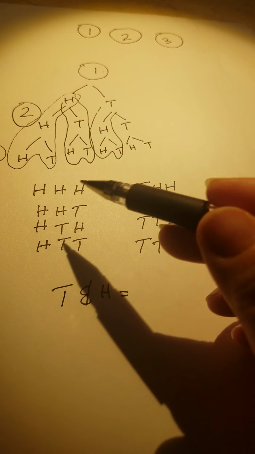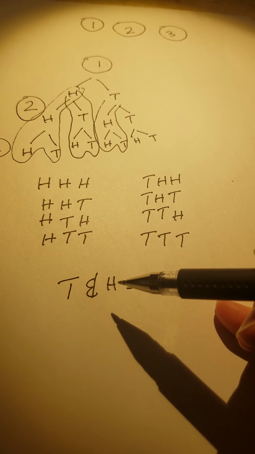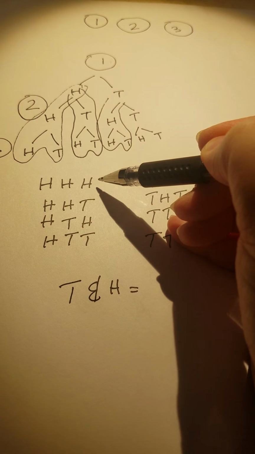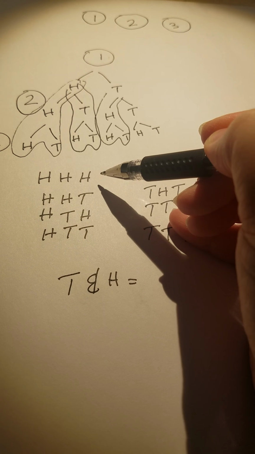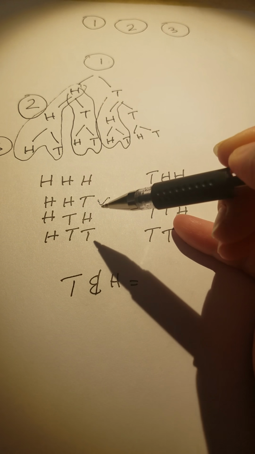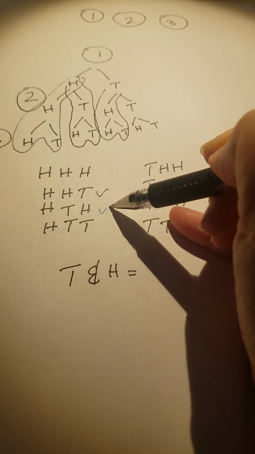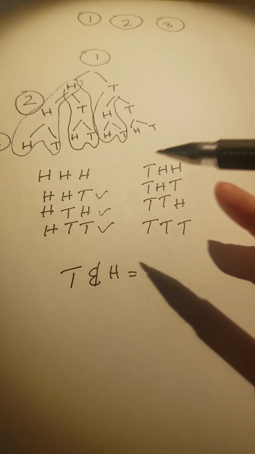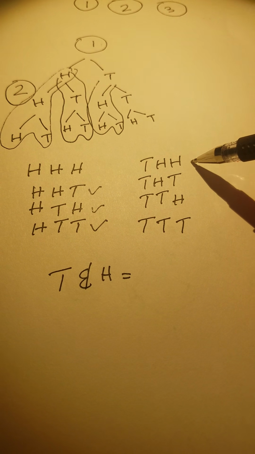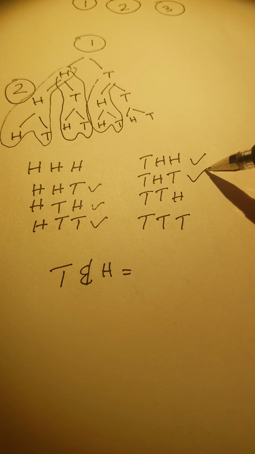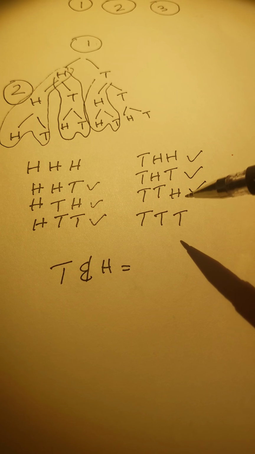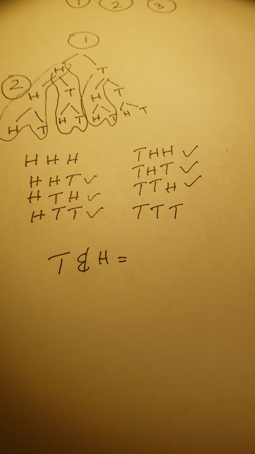I'm looking for outcomes which include tails and heads. Okay, so that's not one of them. There's no tails there. Tails and heads, yes. Tails and heads, yes. Tails and heads, yes. Tails and heads, yes. Tails and heads, yes. Tails and heads, no.